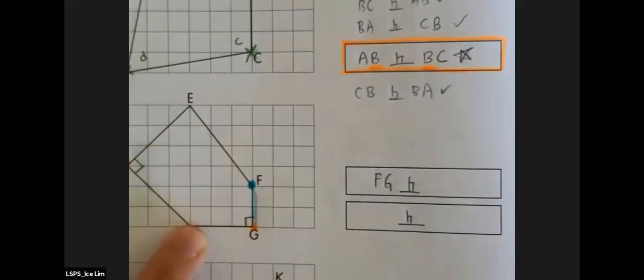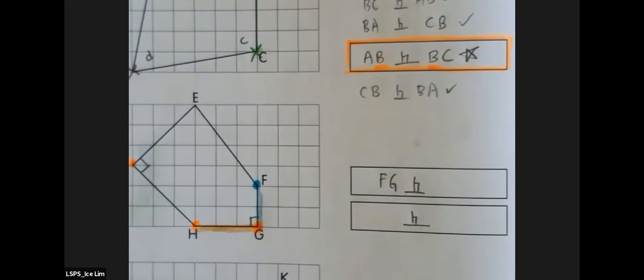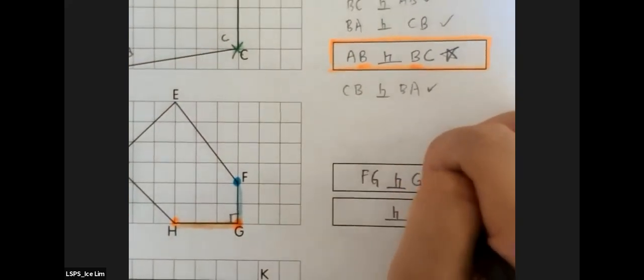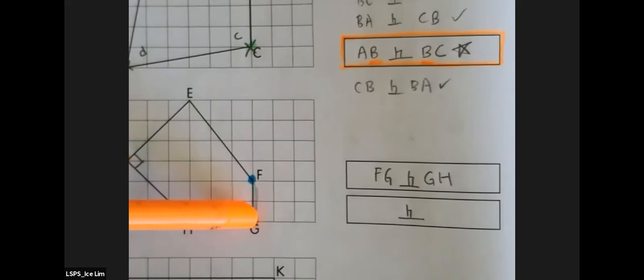F to G, then G to H. So I go F to G, G to H. So I go, the line FG is perpendicular to line GH.